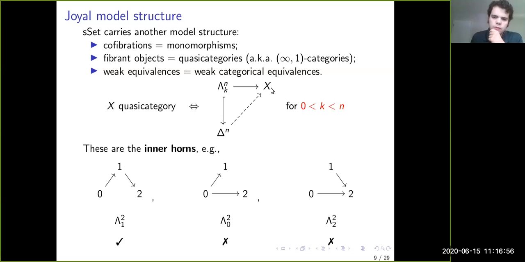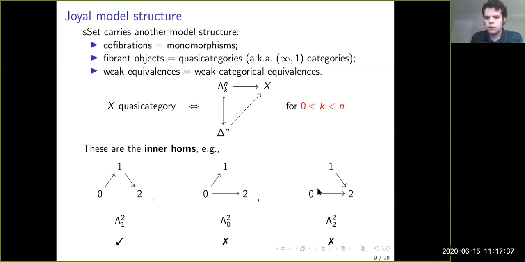So for our quasi-category X to have the right lifting property against the inclusion of this horn into the two-dimensional simplex means that whenever you have a pair of edges like this in the simplicial set X, you can fill that out to obtain an edge from 0 to 2 and the interior of this 2-simplex. So the idea then is we're thinking of that edge from 0 to 2 as a composite of this edge from 0 to 1 with this edge from 1 to 2, and the interior as like a homotopy that witnesses that composition.